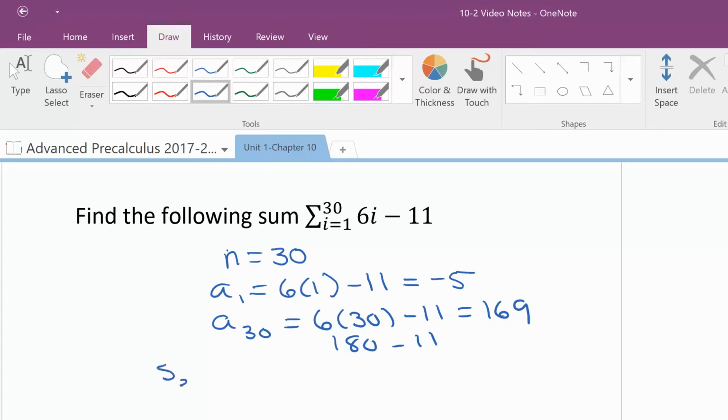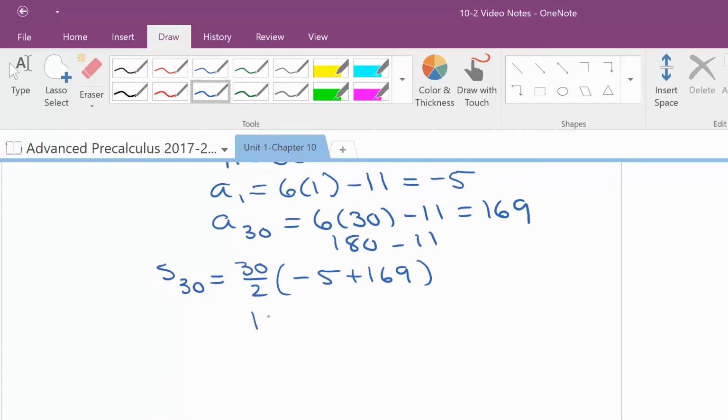So the sum of the first 30 terms is 30 divided by 2 times negative 5 plus 169. So 15 times 164, and that gives you 2,460. So that's the sum of the first 30 terms.